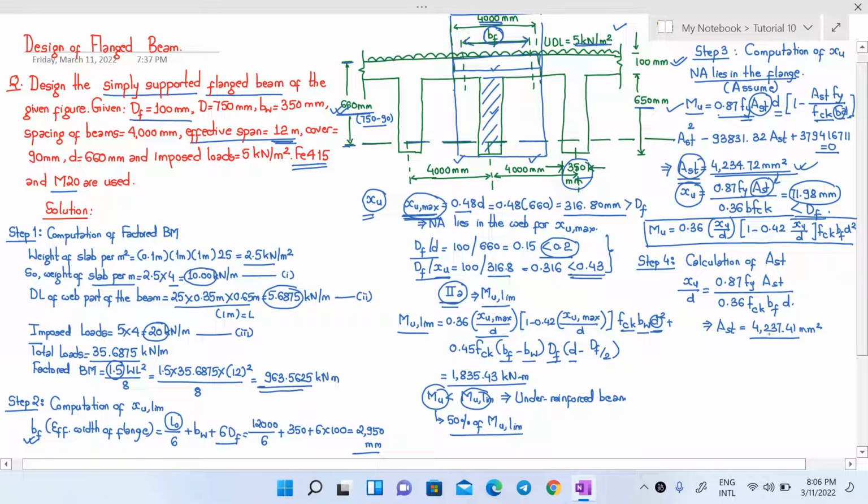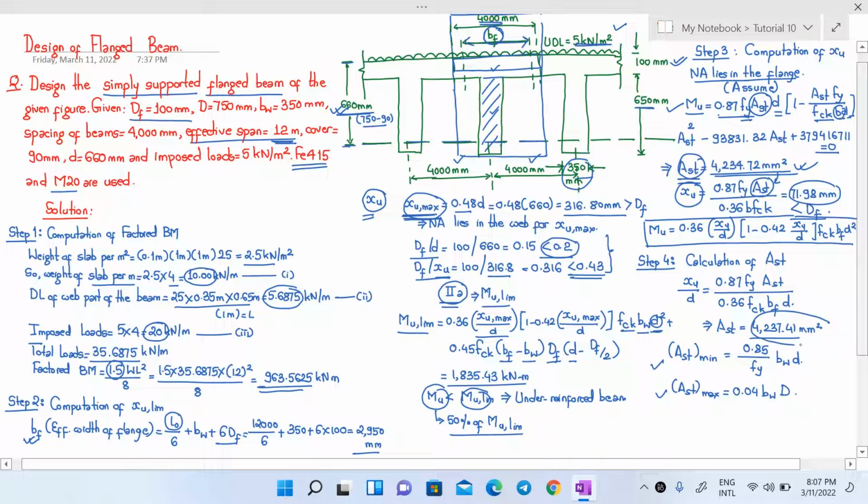So once you calculate the value of AST, check for the minimum and maximum. I'm not going to solve this, you find it yourself. The minimum value of AST is given by 0.85 over Fy into BWD, and the maximum value of AST is given by 0.04 BW capital D. Use the values here and determine AST minimum and AST maximum.